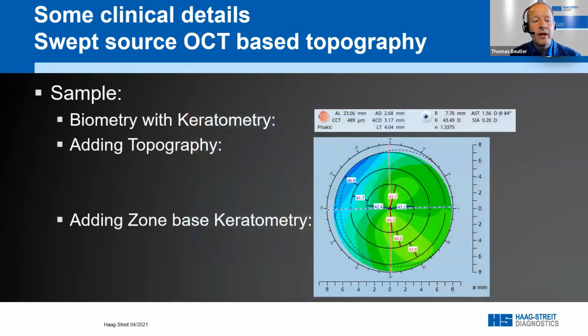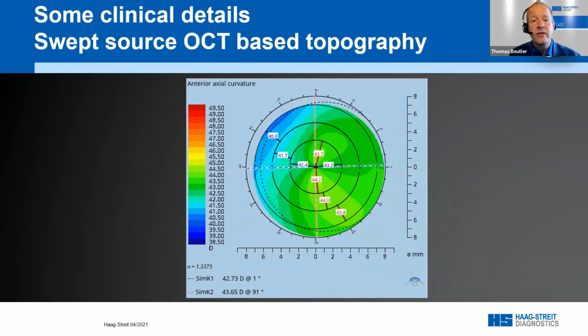We can now have a look at the zone-based keratometry, because this again reveals quite some good information in this particular case here. So if we look at the central 3 millimeter, that's basically a day vision state, we see that the keratometry model still is quite valid. It's almost 90 degrees to each other, the steep and the flat meridians, and they're almost in line.